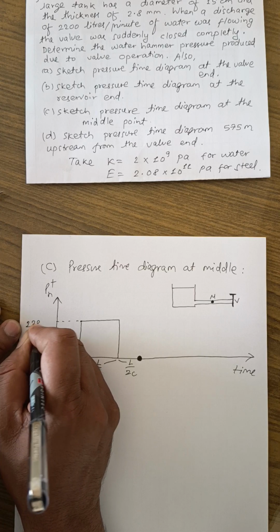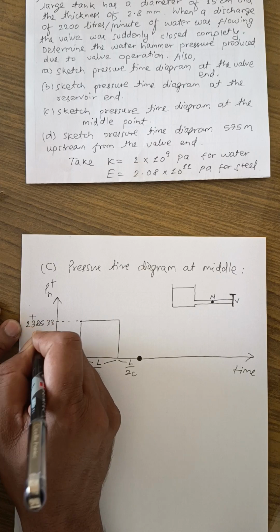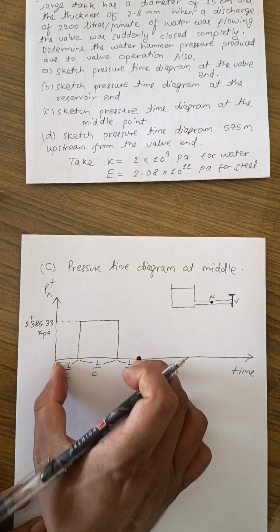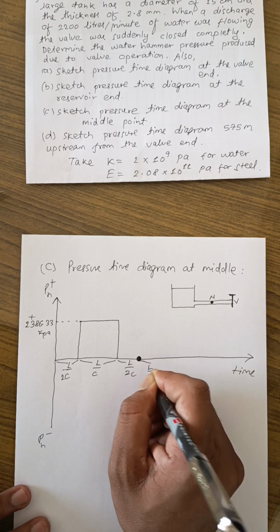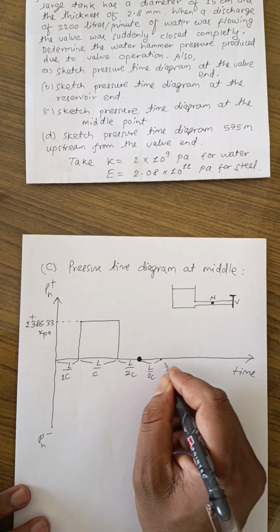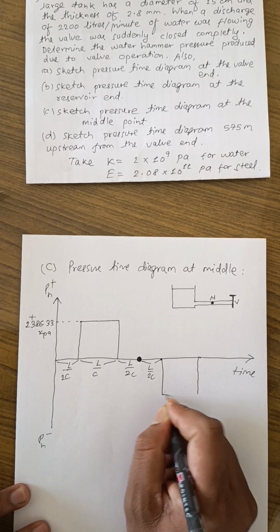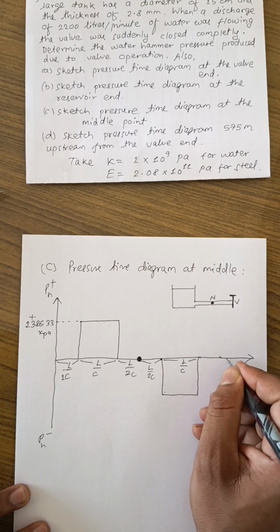This is the first pressure experienced by the valve closure condition, in positive kilopascals. After this cycle you just copy and paste it below, with L by 2C, L by C, and L by 2C again.